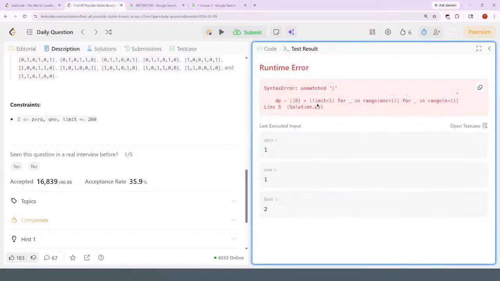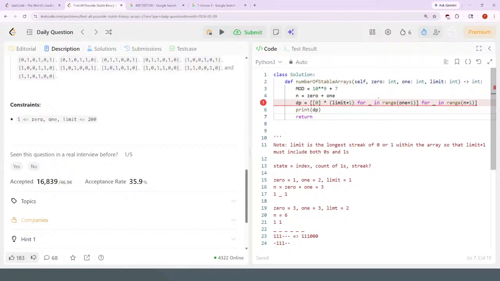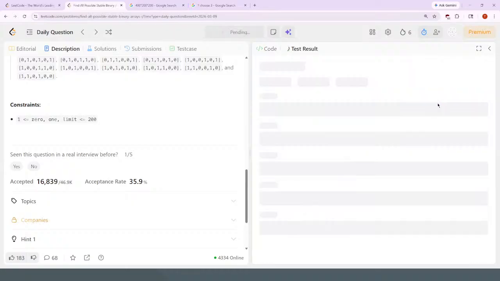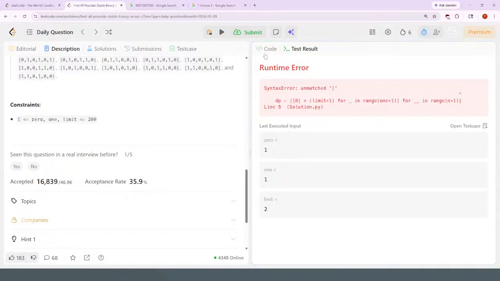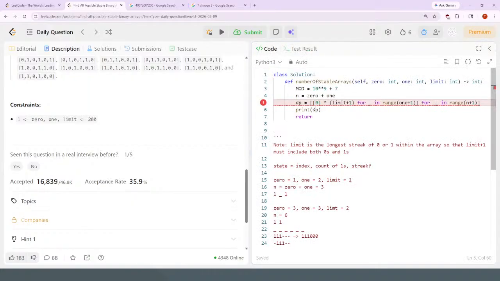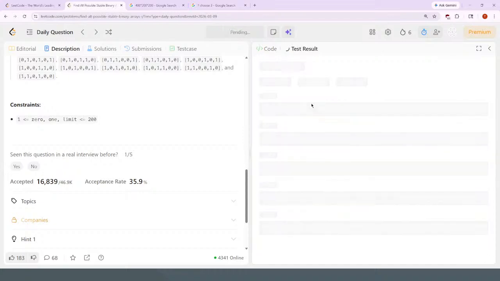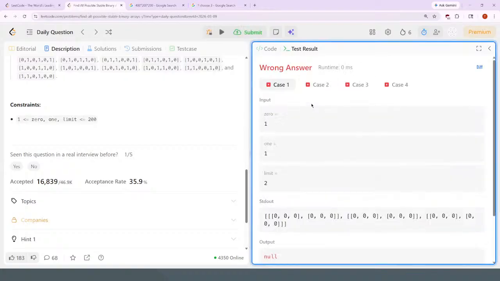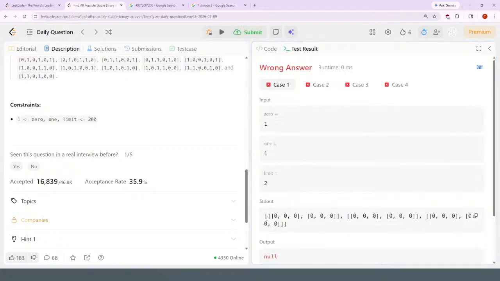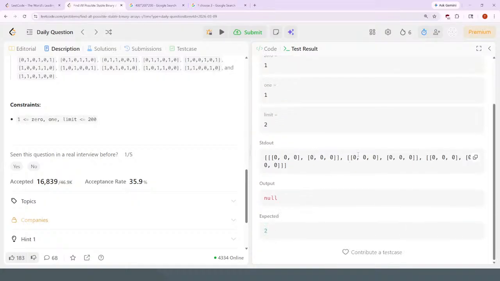Making sure I've made this three-dimensional dynamic program matrix correct. Unmatched parenthesis, unmatched bracket. Oh yeah. Okay, I think this is correct.